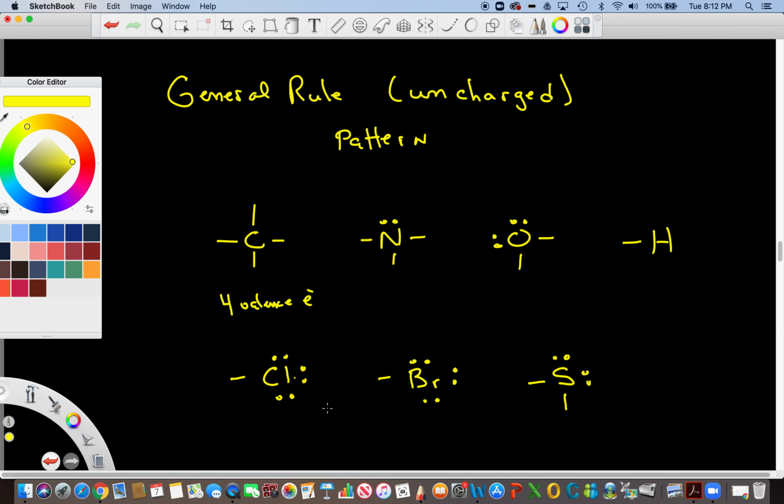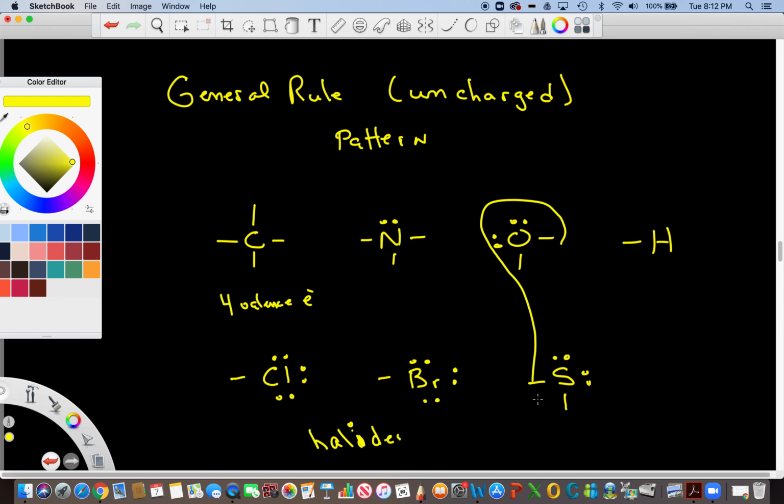The halides, like chlorine, bromine, fluorine, and iodine, they will always have 1 bond and 6 pairs of electrons. Sulfur will always have 2 electron pairs and 2 bonds.